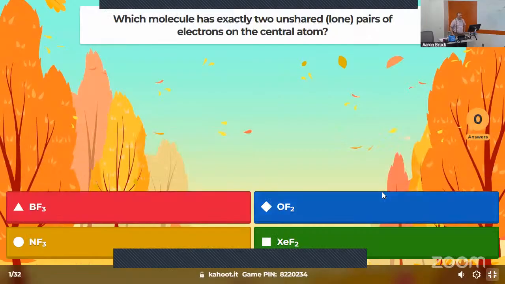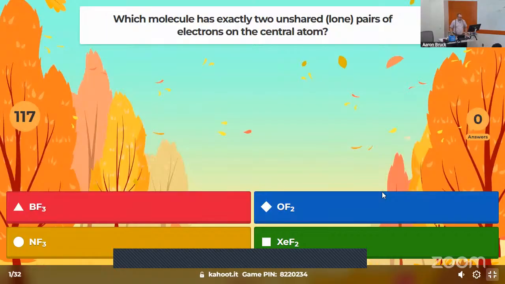All right, which molecule has exactly 2 unshared pairs of electrons in the center atom?